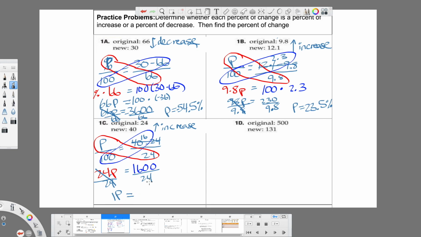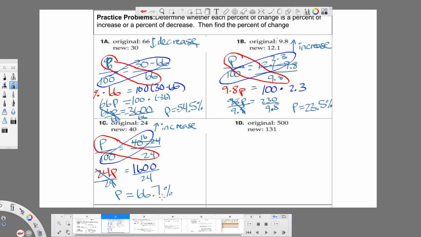In fact, Alex will tell you that's not necessary. And then we're going to do 64 divided by 24. And we get 66 point, and it's a repeating decimal. Kind of goes on and on forever. So I'm just going to round it to 7. And this is positive, so I know, again, this is an increase. This went up 66.7%.